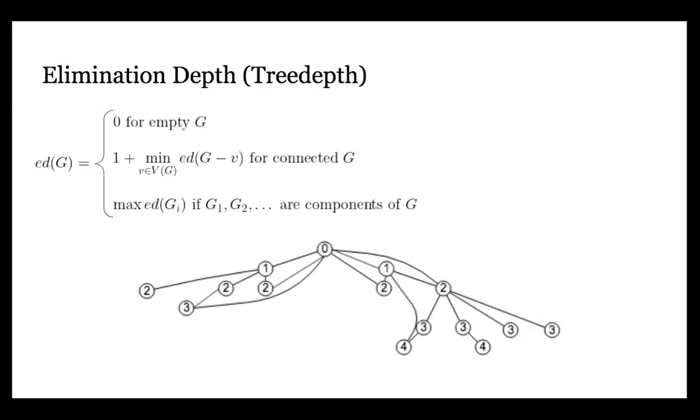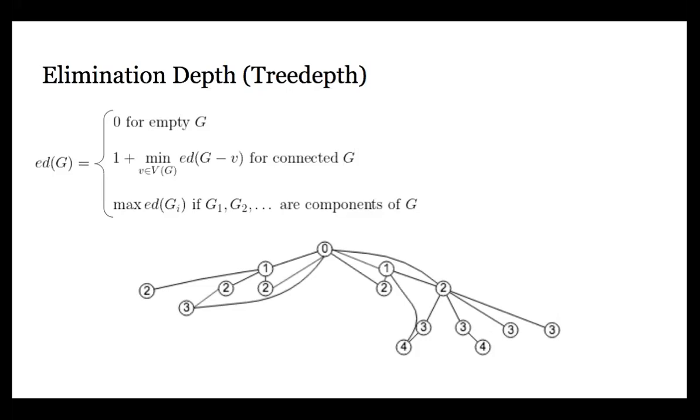As you can see, if we are given an elimination forest of a graph of moderate depth, it allows us to solve some problems using dynamic programming and sometimes also in polynomial space.